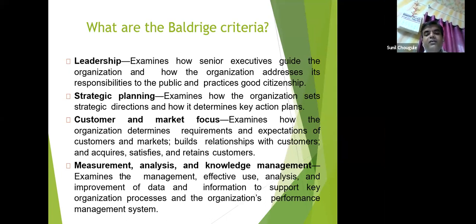Measurement, analysis and knowledge management. What is it? It examines the management, effective use, analysis and improvement of data and information to support key organization processes and the organization's performance management system.